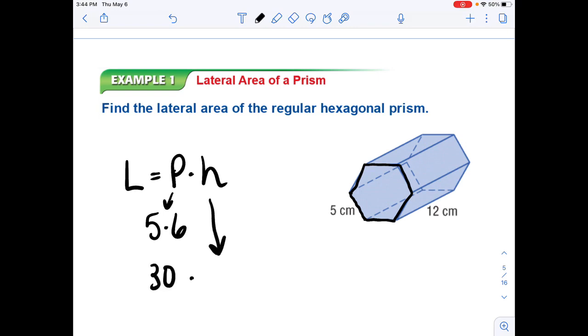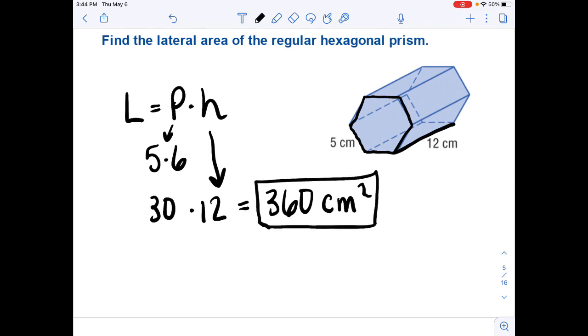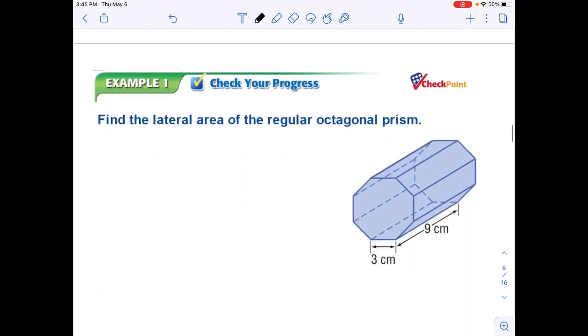And then our height is what connects the two bases together, which is 12. So we end up getting 360 square centimeters. Now notice it is square centimeters because we're still talking area. We're going to do another one.